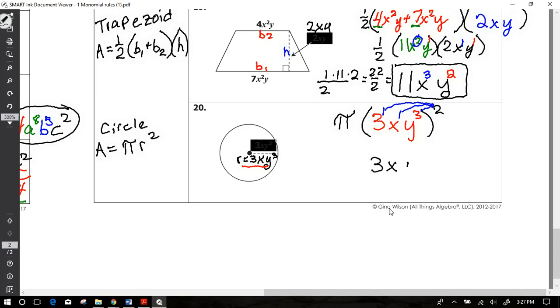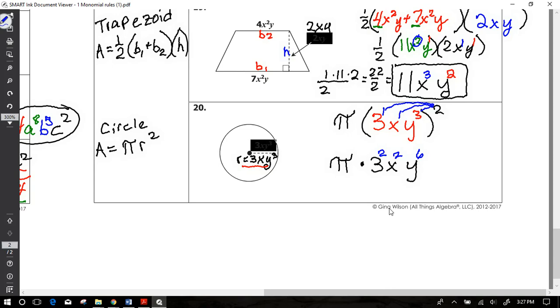So here's my 3 bases. They're going to stay the same. And then we're going to bring down this times pi. So I now have 1 times 2 is 2, 1 times 2 is 2, and then 2 times 3 is 6. So these are the exponents that I have. And I'm just about finished.